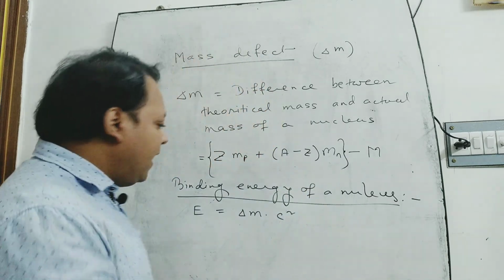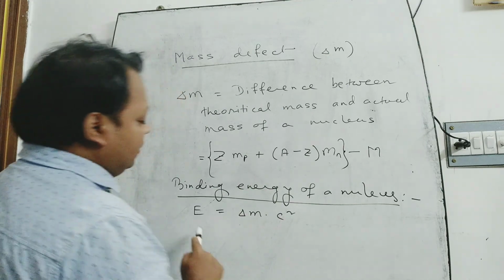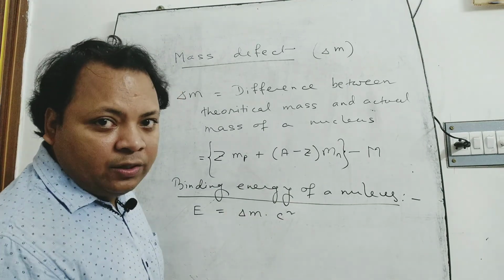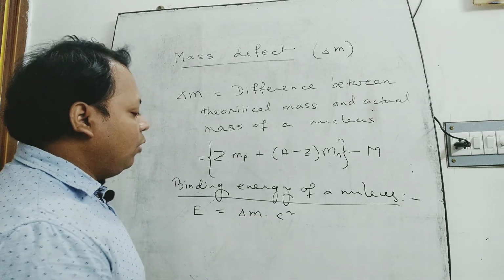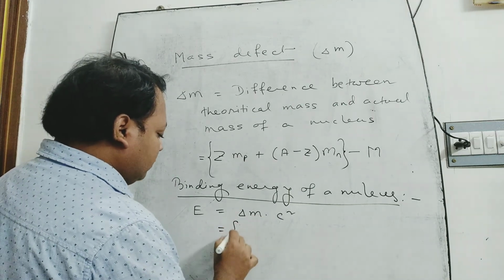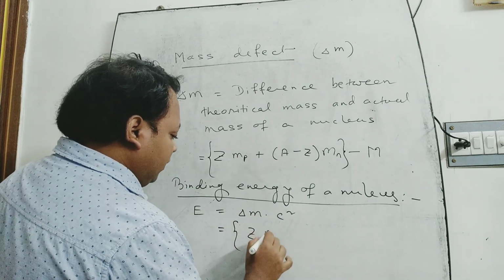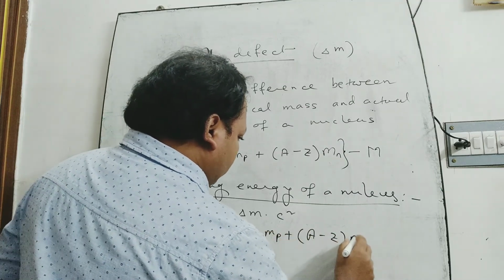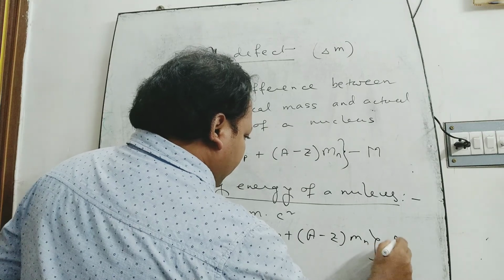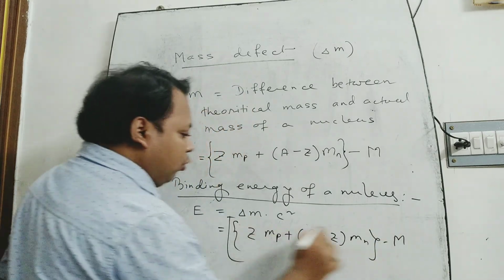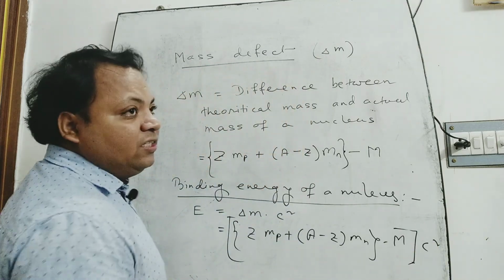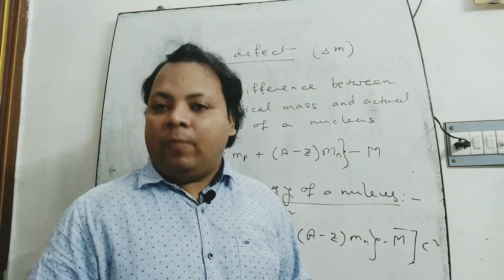That is, the binding energy of the nucleus E is equal to delta m into c square. This is the expression of binding energy. That is, binding energy is equal to [Z into Mp plus (A minus Z) into Mn minus M] whole into c square. You know that c is the velocity of light in vacuum.